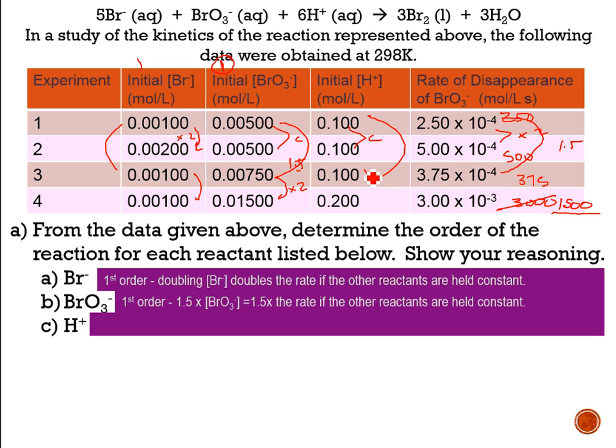So what change do we see in hydrogen is that it multiplied by 2. So what actually happened between reaction 3 and 4 is it went from 375 to 1500. That's times 4, and that is second order. So doubling hydrogen is second order. Doubling bromide or bromate is first order.